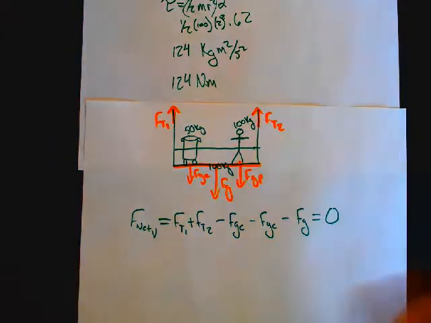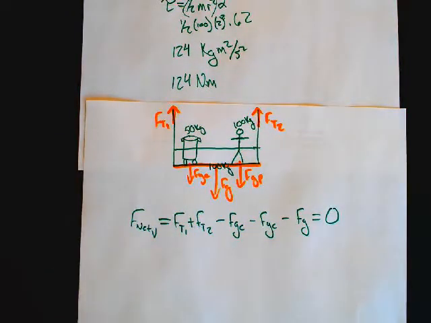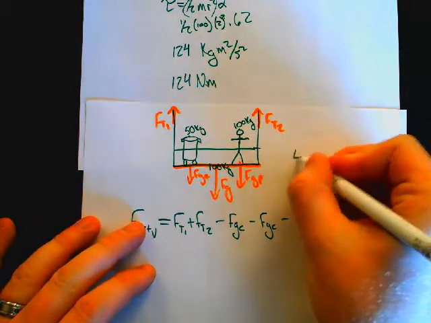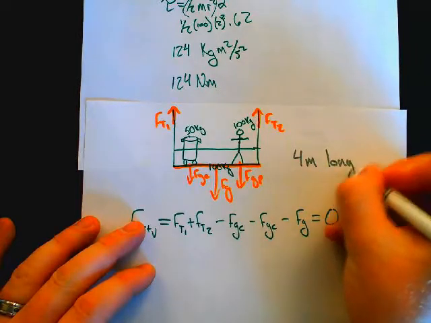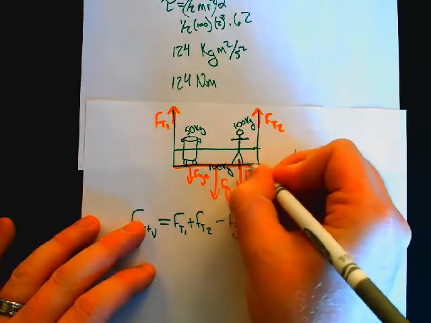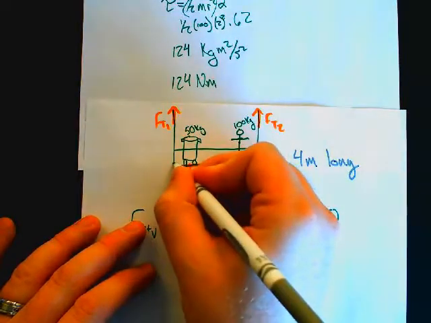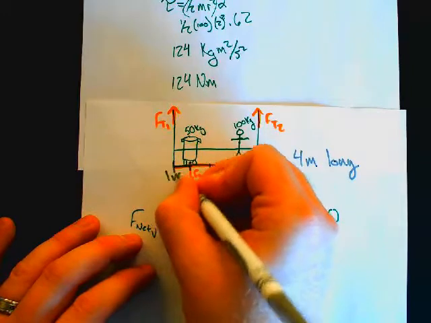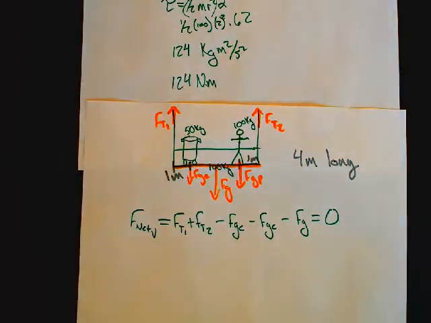So for this problem, we can figure out where things are, and we'll just assign some distances here. Let's say that this whole system is 4 meters long. Let's say this guy's standing 1 meter from the edge, and this here is going to be 1 meter from this edge. Now, because I have locations of objects, I can solve this using torques, because assuming that nothing snapped and the whole thing isn't rotating, the net torque has to be equal to what? 0.